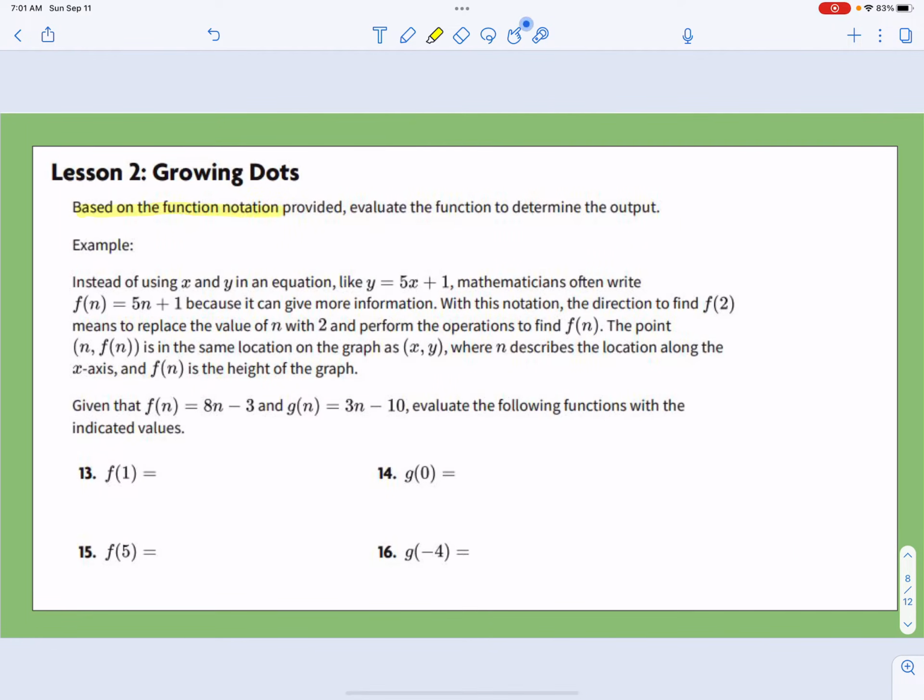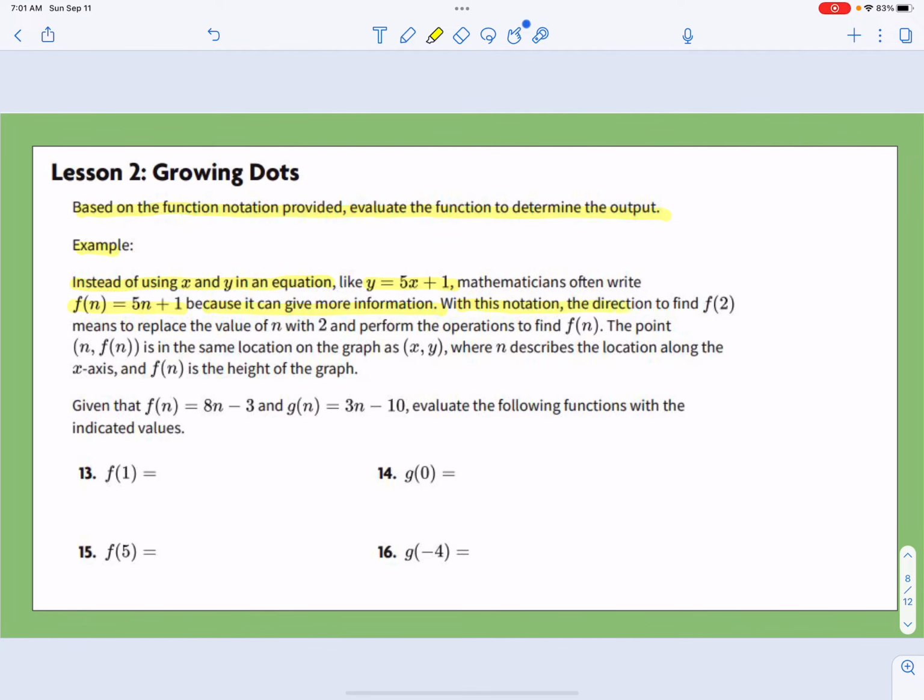Based on the function notation provided, evaluate the function to determine the output. Example: instead of using x and y in an equation like y equals 5x plus 1, mathematicians often write the function of n equals 5 times n plus 1 because it can give more information.